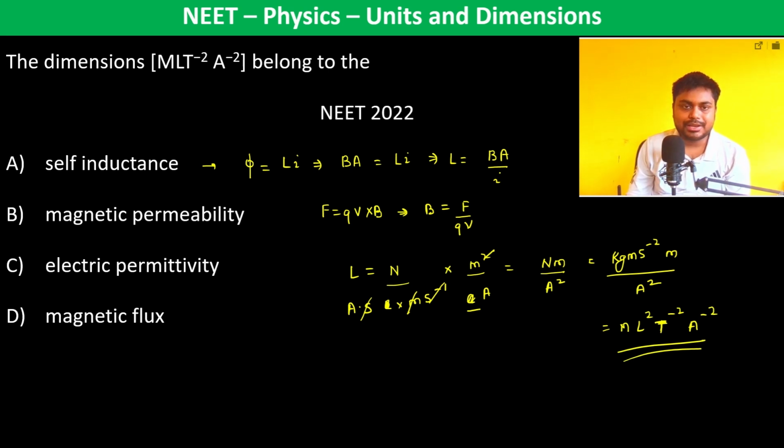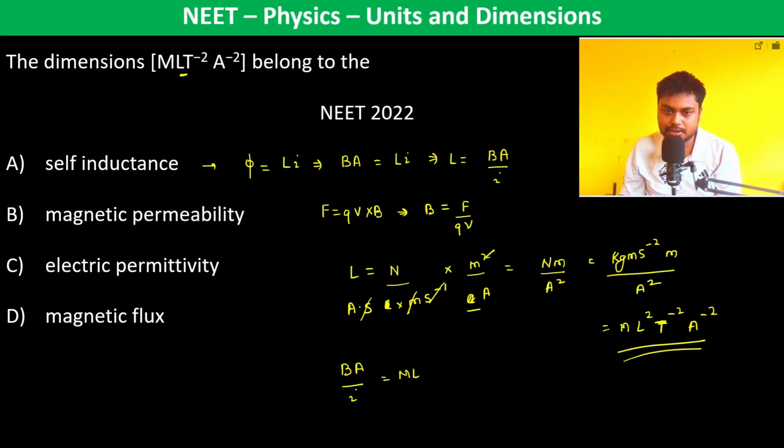Now here L is being given. So if we see B A by I, it is going to be M L square T to the power minus 2 A to the power minus 2. So self-inductance is not there.